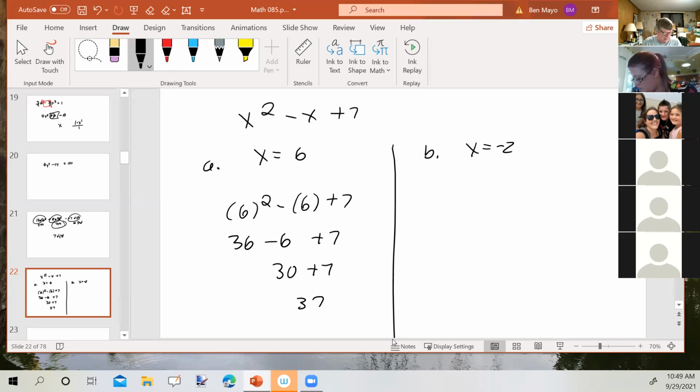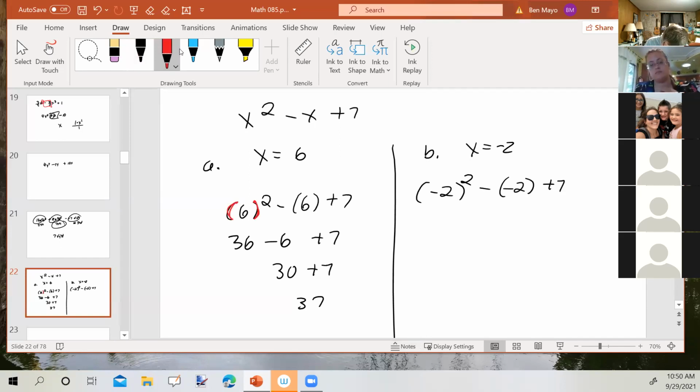Any questions about that example? All right, let's take a look at part B. We're going to use the same trinomial to now evaluate it when x is -2. So I get (-2) squared minus (-2) plus 7. I want to point out that I put parentheses around the entire quantity, the 6 or the -2.